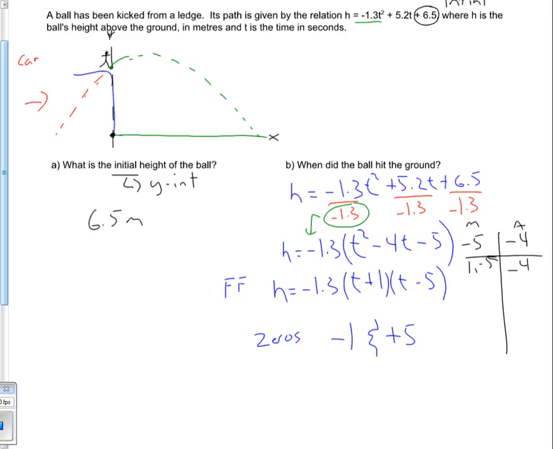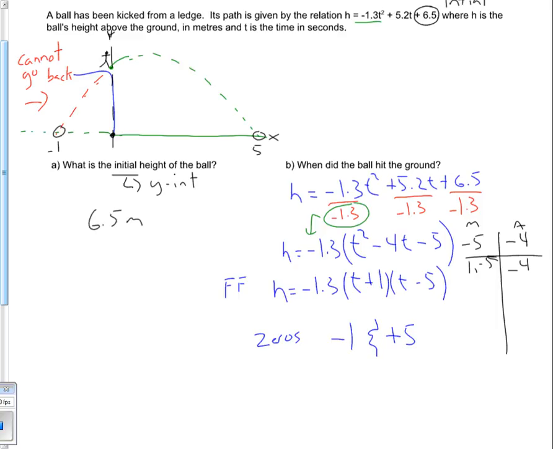So because you cannot go back in time, the ball can only ever travel in one direction. And so when the ball is traveling, it's going to impact the ground right here. So if you were to extend out this ground line invisibly, you would have a 0 at negative 1 and the other 0 at positive 5.